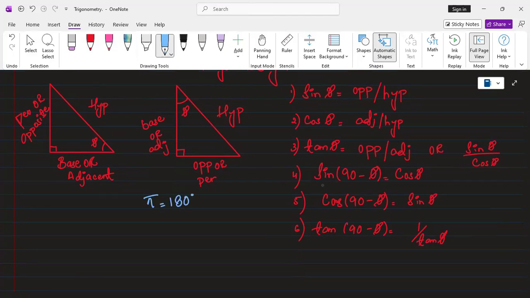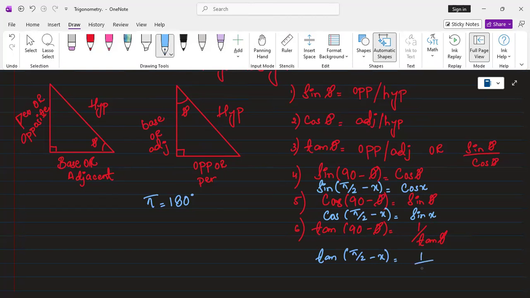So I can simply write that sine of pi by 2 minus x is equivalent to cos x, cos of pi by 2 minus x is equivalent to sine x, and tan of pi by 2 minus x can be represented by 1 over tan x.